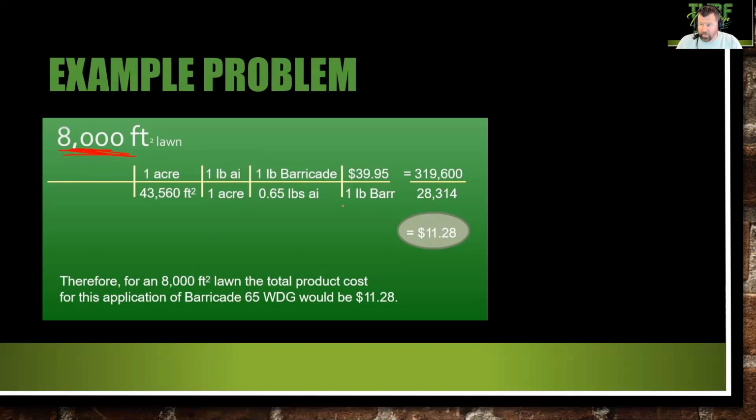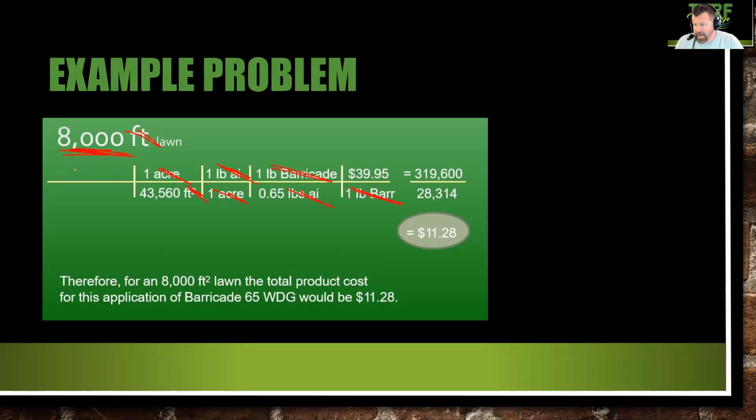We got that from the label. And that 1 pound of it is $39.95. So we're going to cross out our square feet, our acres, our pounds active ingredient, crossing out our 1 pound Barricade.